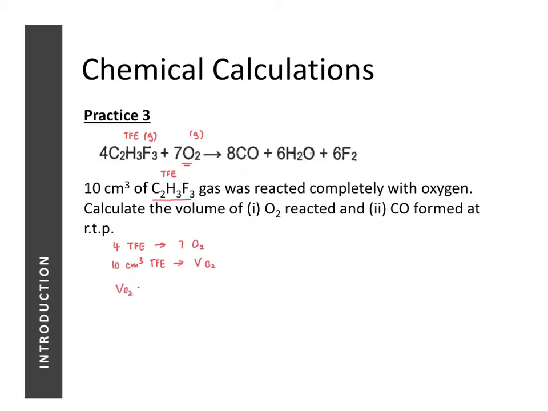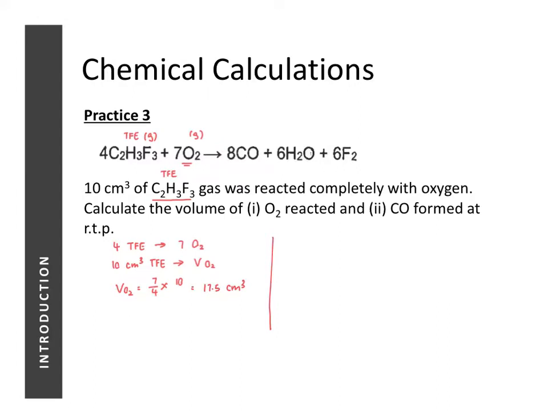We simply use the mole ratio, which is 7 over 4 times 10. That will give us a value of 17.5 centimeter cube. Okay, so you can see over here, since whatever that's given and whatever that we want to find are both gases, there's no need to go through the 3C approach. We can simply use the mole ratio directly to find volume.